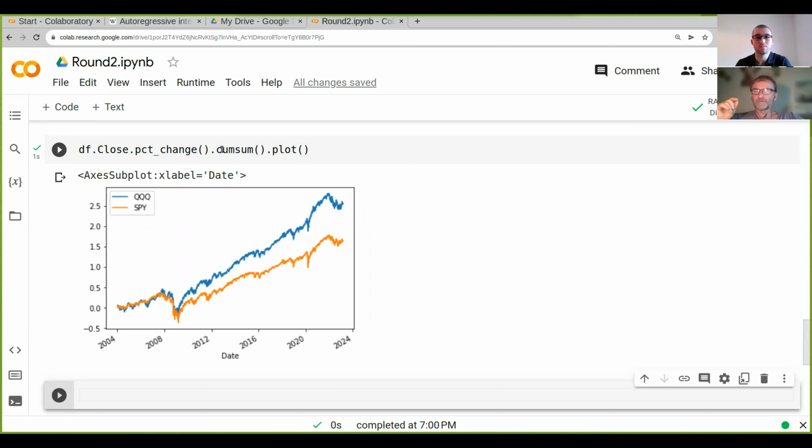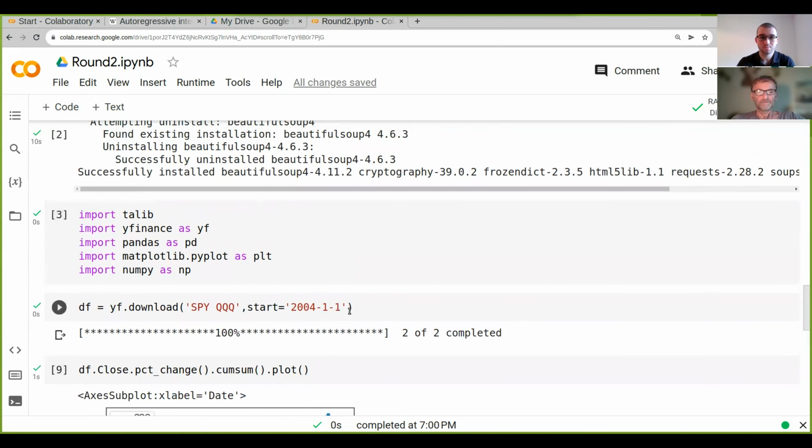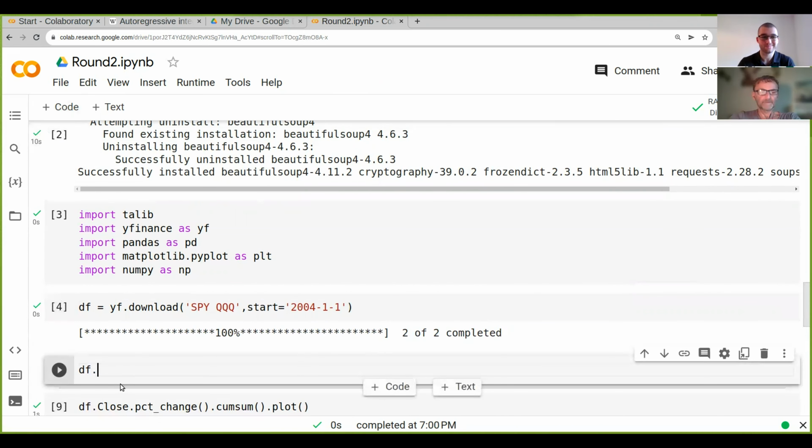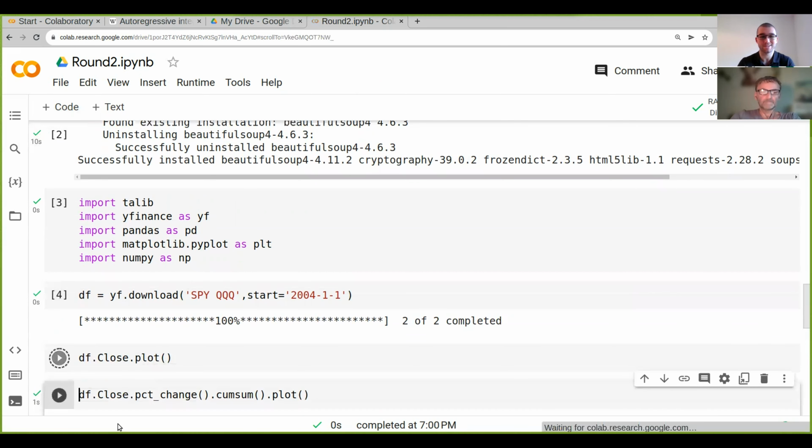Now, I told you there's a difference when you use pct_change with the cumulative sum and the cumulative product. The cumulative sum is sometimes called log returns. It's as if you would not reinvest your money. And you can see, when you look at the original prices, let's just put the close there, the S&P is higher, right?